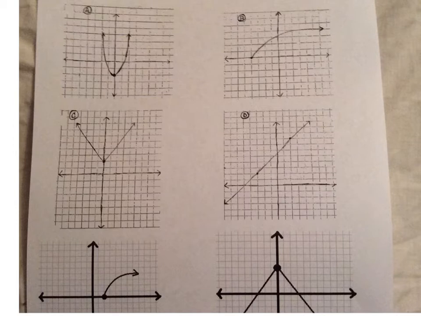Okay, so let's take a look at this first one. So here I have this graph, and basically if you notice it has arrows on the top, so this graph is basically going to get wider and wider, and it's going to go up further and further.